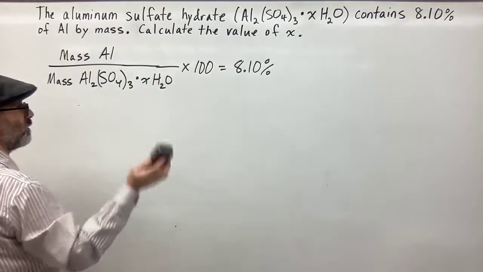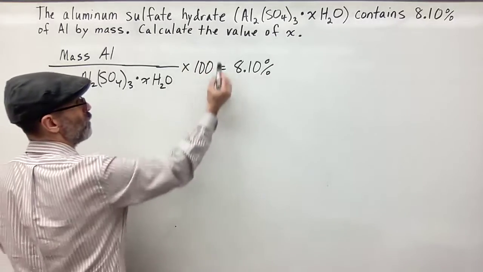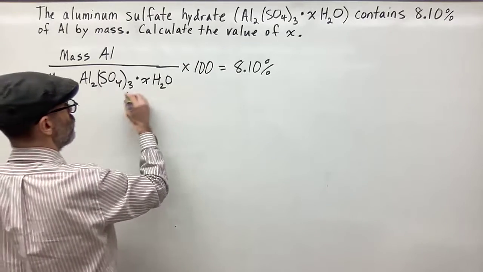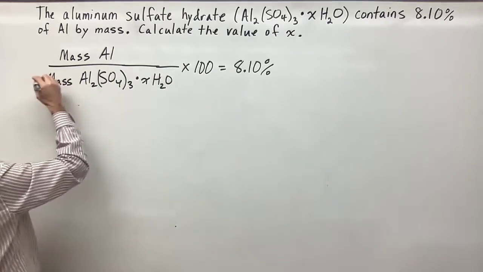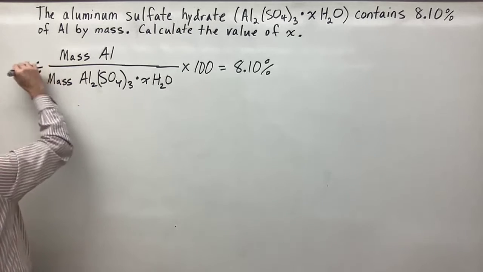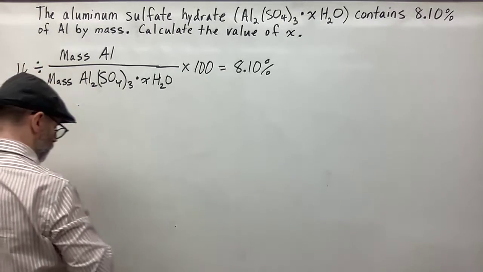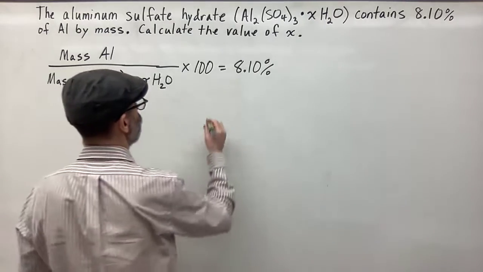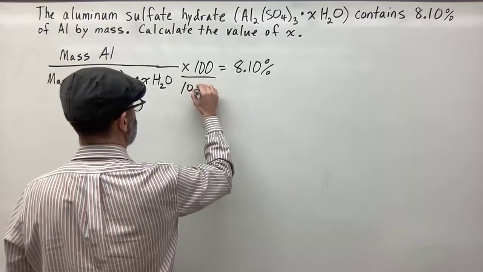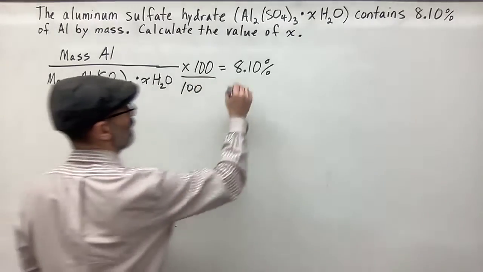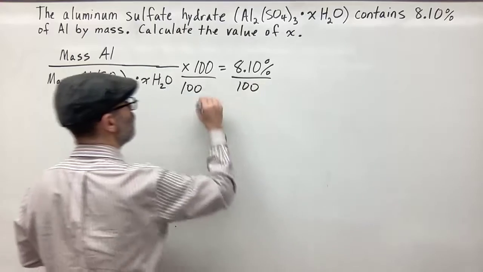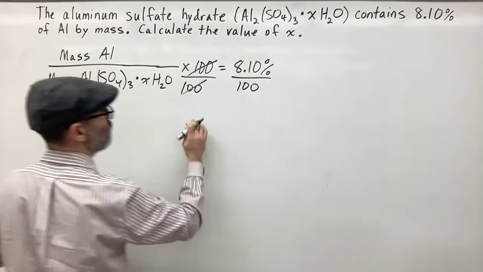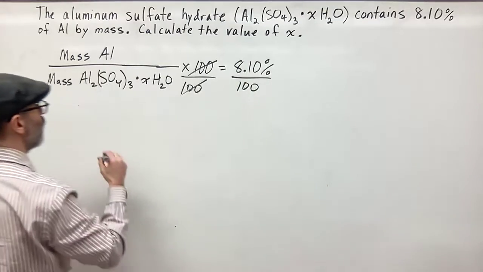So we got 1 mole of this substance. Let's get rid of the 100 here. So if we get rid of the 100, we have to divide all of this by 100. So if I divide this by 100, and then I have to divide this by 100, then this cancels out. And then this divided by 100 is going to give me 0.0810.